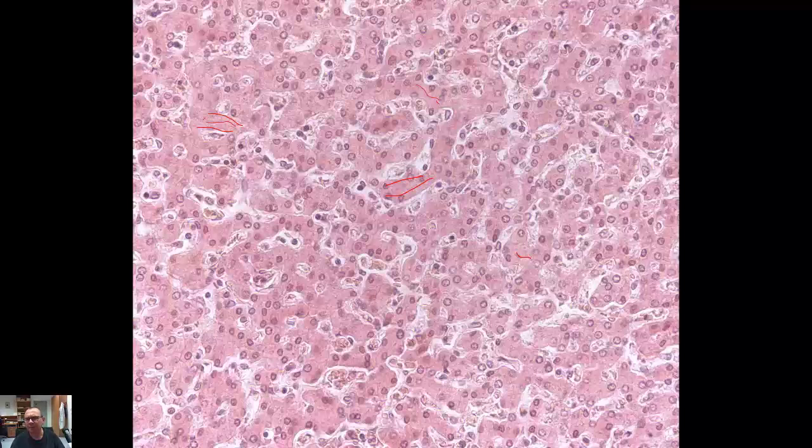So trabecular epithelium usually has 2 rows of cells forming cords which are very variably curved, anastomosing and dividing, and everything seems to be very irregular.